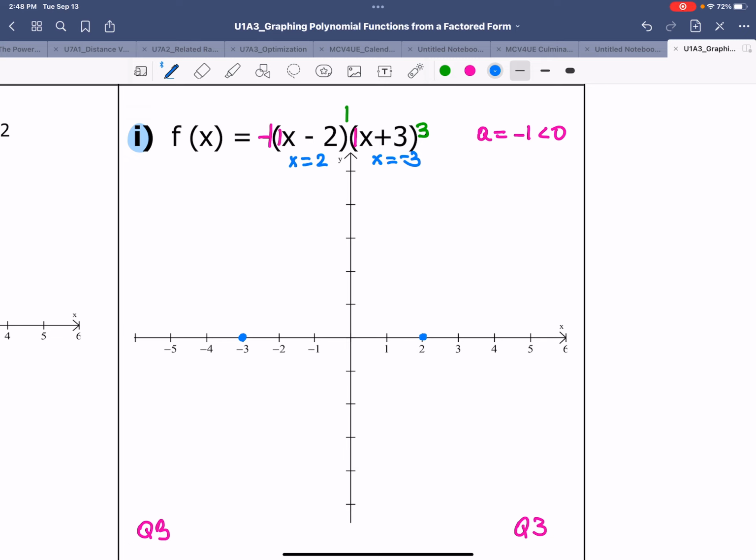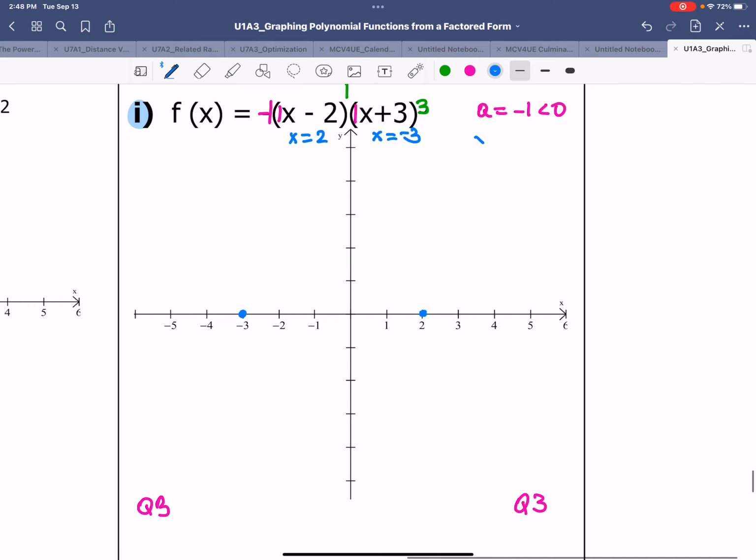All right, and I will also find the y-intercept, because why not? Make x equal to 0, which means that we'll have negative 1 multiplied by 0 minus 2, multiplied by 0 plus 3 to the power of 3. So negative 1 times negative 2 is positive 2. 3 to the power 3 is 27. 27 times 2, 54.